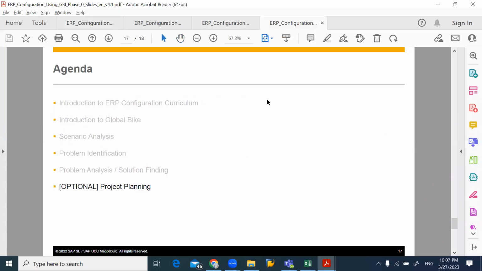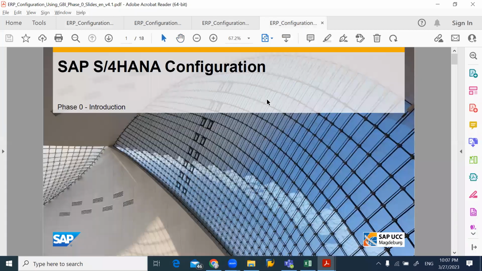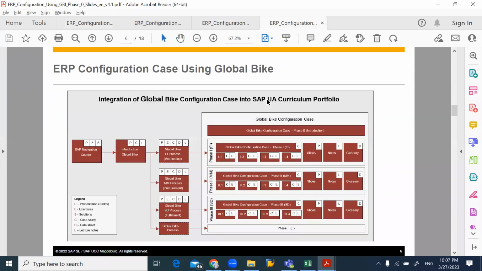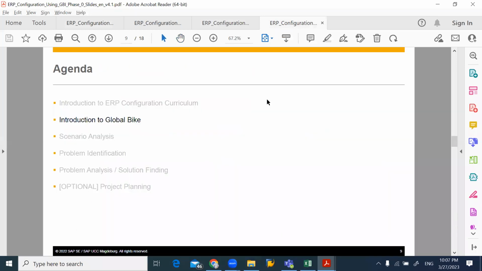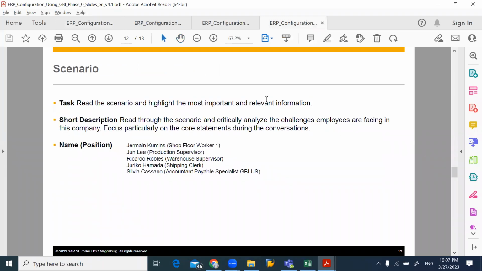Yes, here. This one? Yes, this one. You said that all these positions are related to finance or to material management. Could you just repeat it?